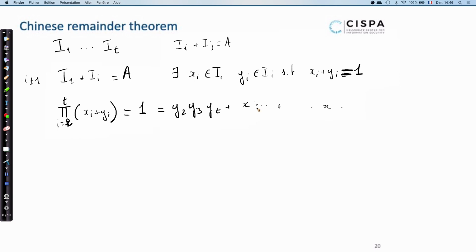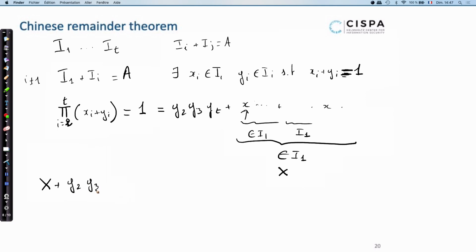But since x is in I1 in all cases, every element here belongs to the first ideal. So their sum, because ideals are additive subgroups, the sum of all these terms belongs to I1. So let's call it big X. So now we know that big X plus y2, y3 up to yt is equal to 1.